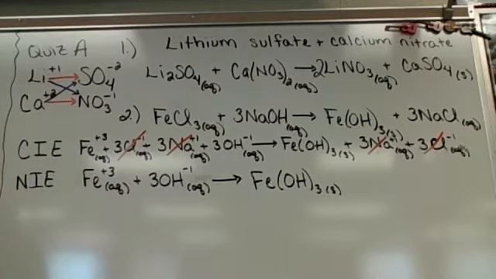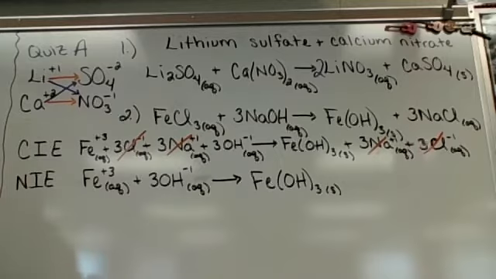Okay? In precipitation reactions, you're always going to find 2 pairs of spectator ions, and you're going to be left with 2 ions, a positive ion, a cation, and an anion, a negative ion, and you're going to form your solid.